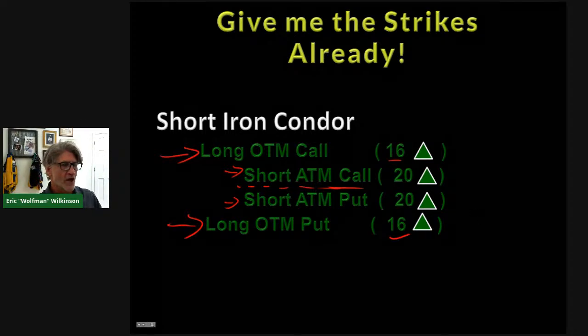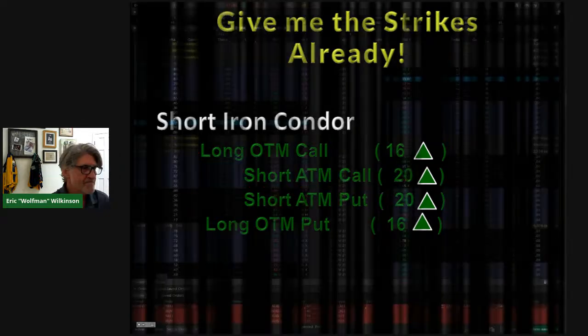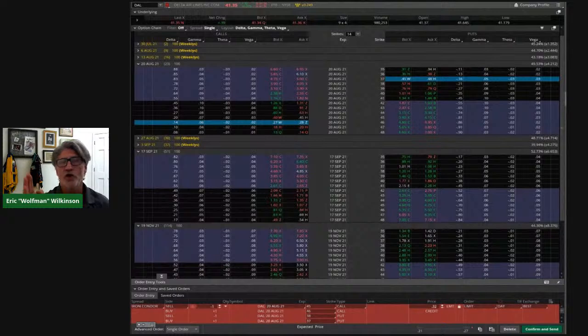It's usually going to start out right around that 20 delta on the calls and the puts. Now, if we look at the trade I pulled, I looked at this yesterday because I had that implied volatility. I was getting ready for this webinar, and I usually set it up a day before.